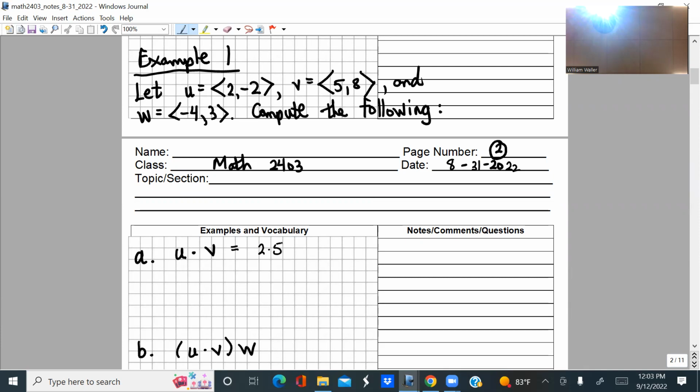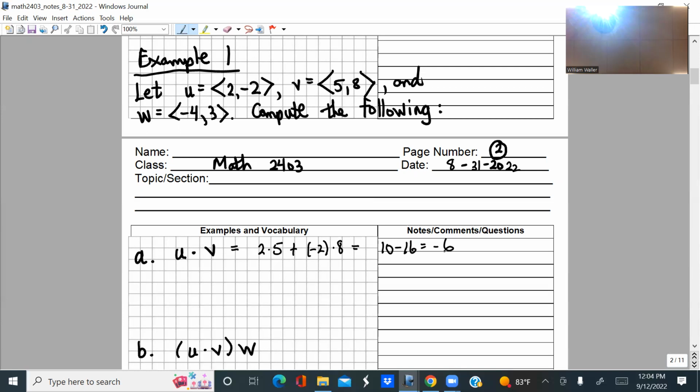So you would have 2 times 5 plus negative 2 times 8. That's 10 minus 16, which is negative 6. Of course, dot products can be positive or negative or 0, and 0 is going to have special meaning to us.